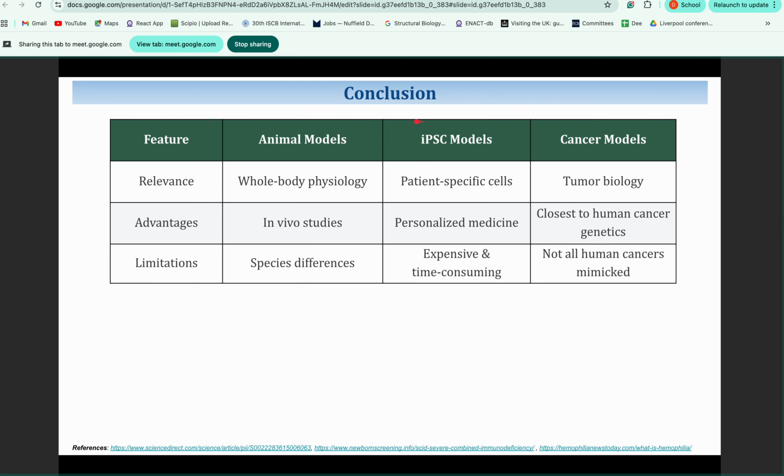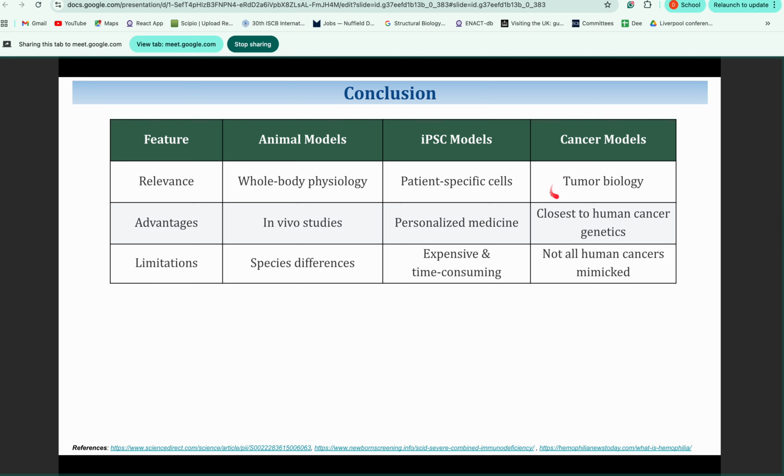So the conclusions related to this are, if we talk about the features of animal models, iPSC models, and cancer models, first of all, what is the relevance? Animal models are helpful for whole body physiology. iPSC models are patient-specific cells, because from the same patient we are obtaining somatic cells, reprogramming them, and converting them into pluripotent stem cells.